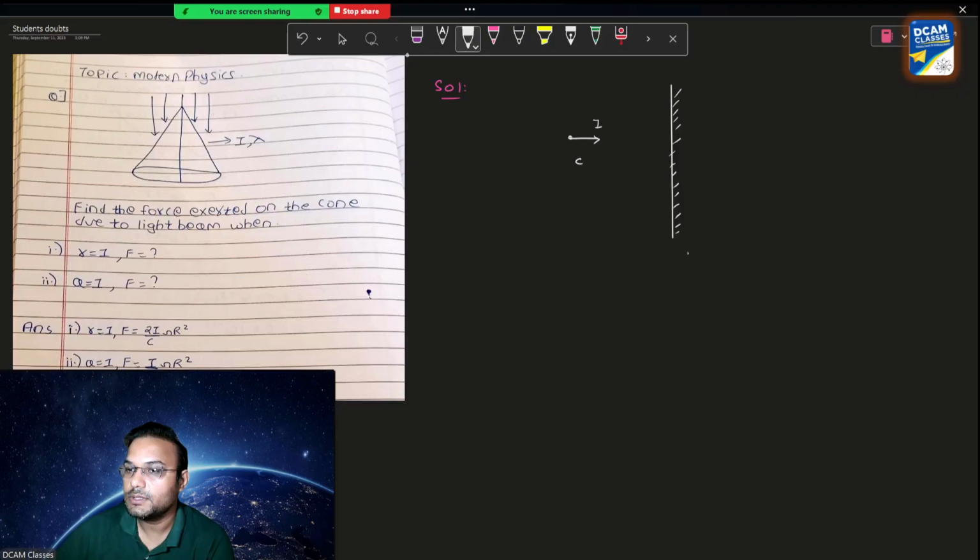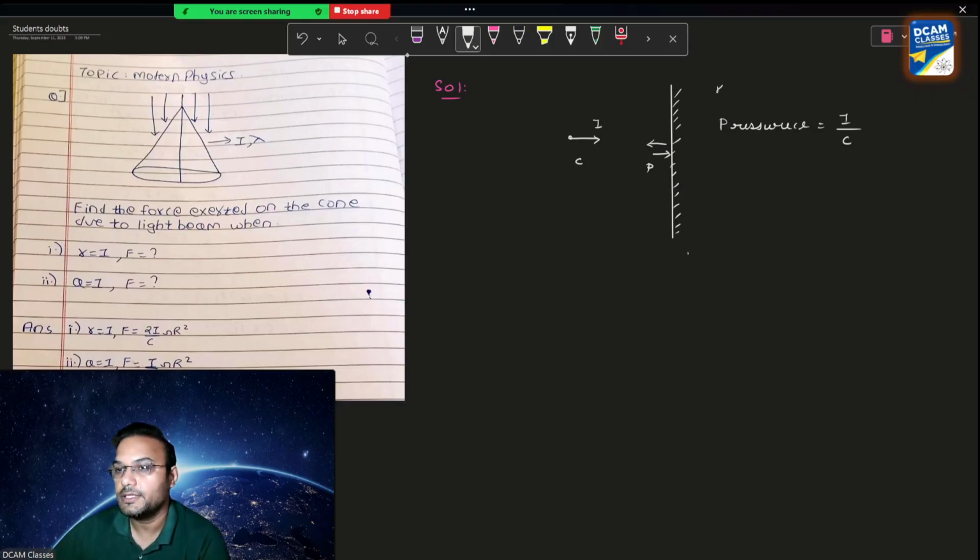Then the force exerted when the light is incident into it and does not get reflected: we know there is a result in modern physics that the pressure exerted on the wall is given by I by C.